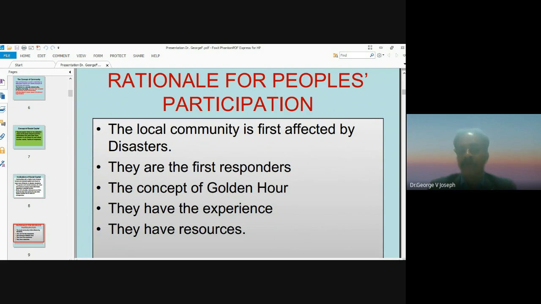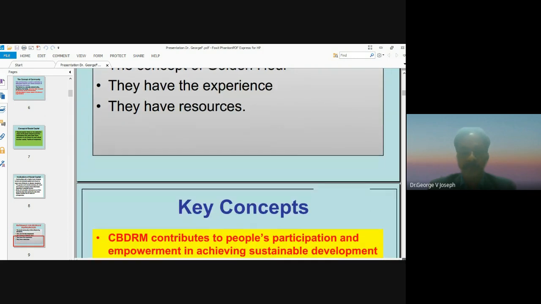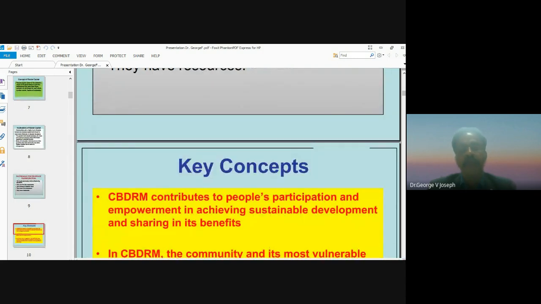Apart from what you have already mentioned, the ownership, the belongingness, and the motivation, they feel that it is their work. So as such, community participation is very important. And there are certain key concepts for community-based risk reduction activities.